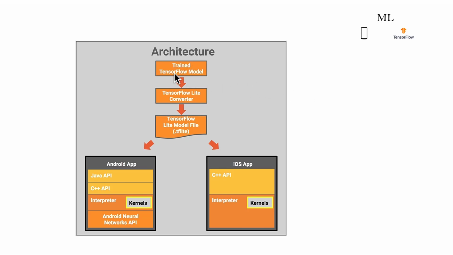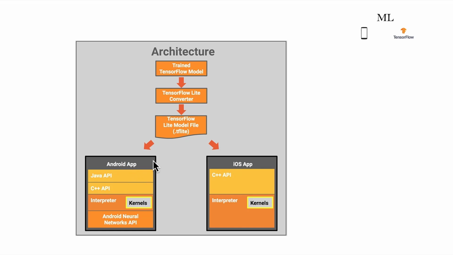There you can see this box which indicates a trained TensorFlow model. This is our trained model which we can use on desktop or web, but we cannot use it inside mobile. So here we use the converter of this TensorFlow Lite library, and it converts our model into the TFLite format. And now we can use this model inside our mobile applications, like here we can use it inside Android or iOS.